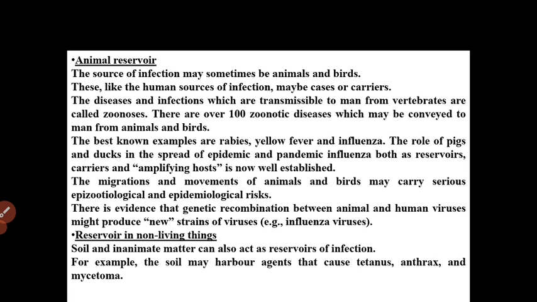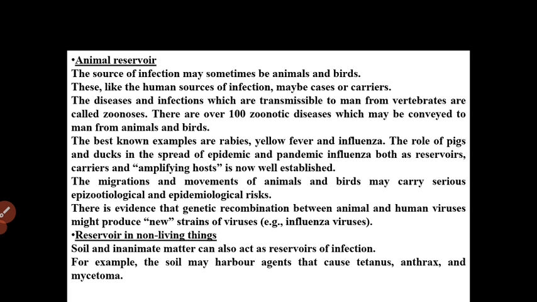Now let's understand animal reservoir. The source of infection may sometimes be animals and birds. These, like the human sources of infection, may be cases or carriers. Okay. The diseases and infections which are transmissible to man from vertebrates are called zoonoses.